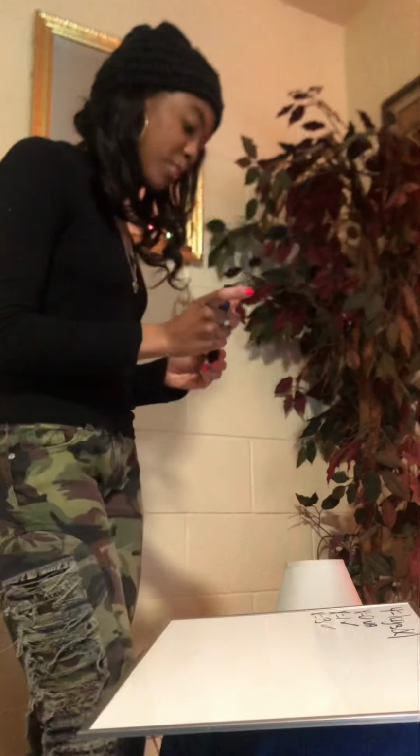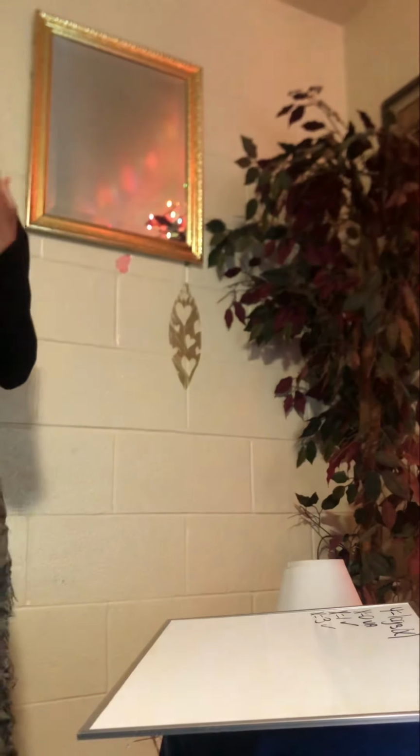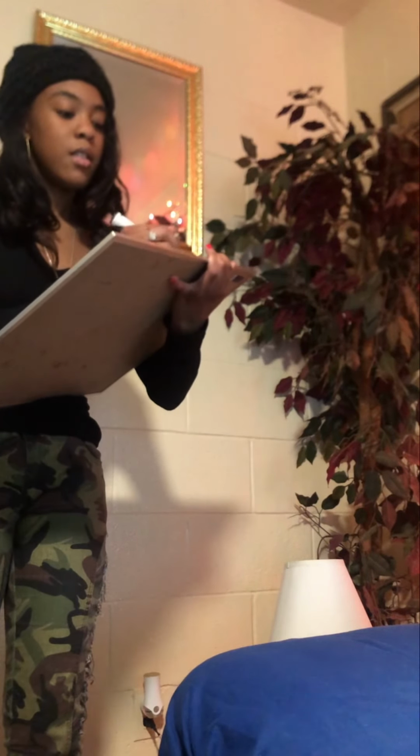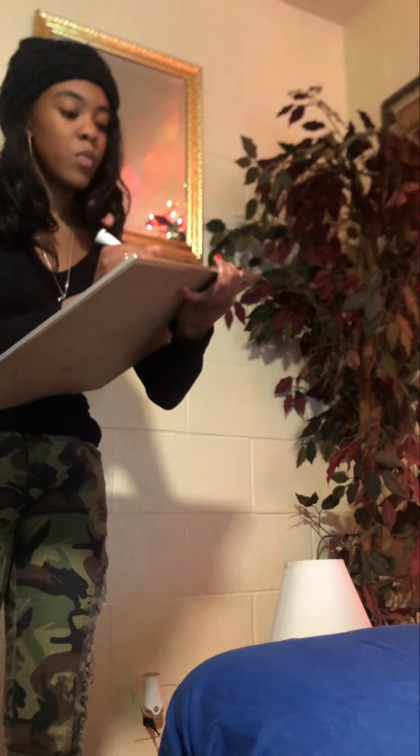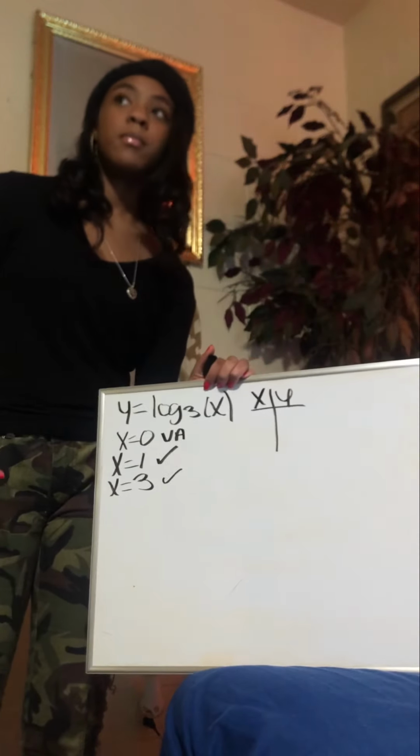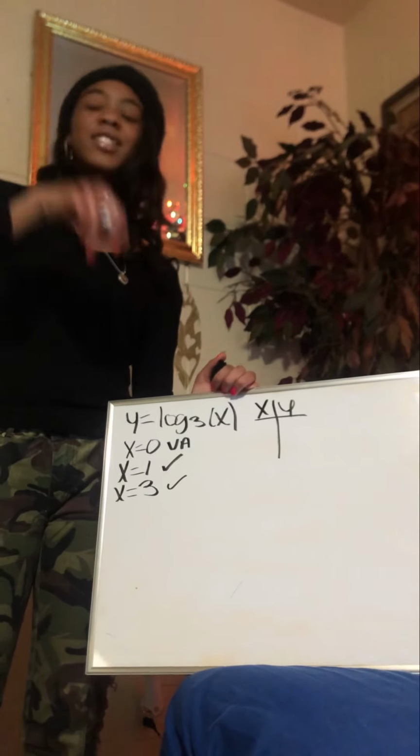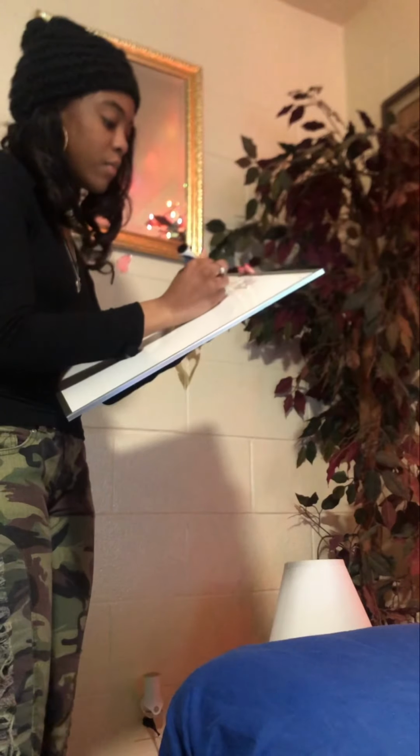Amazing. Next thing I want to do is make an x and y table. What point should I put in the x and y table? Great job, 1 and 3. Now, let me tell y'all something.